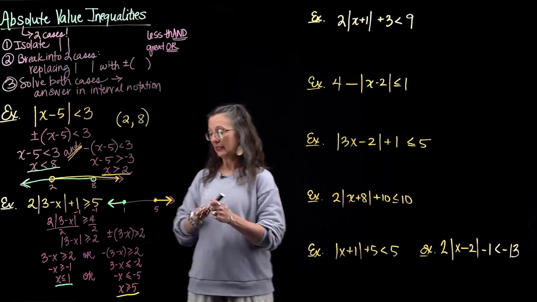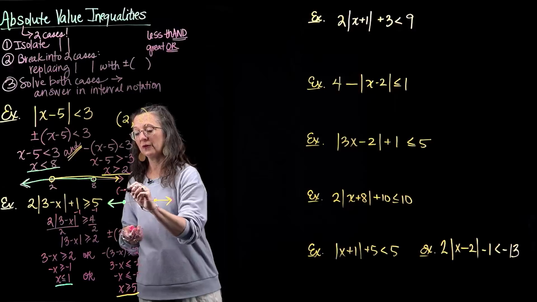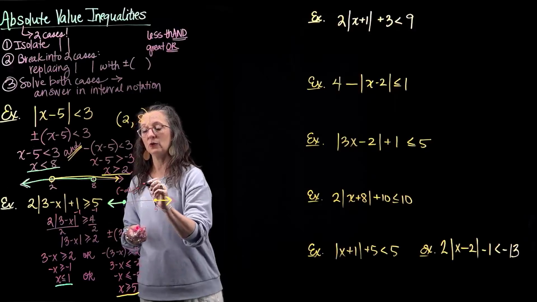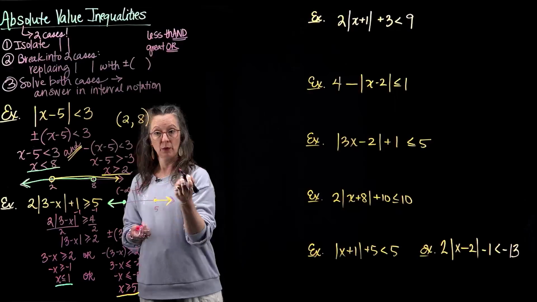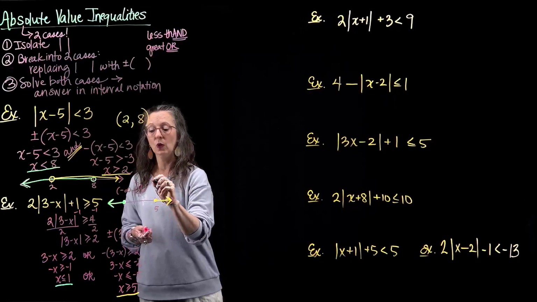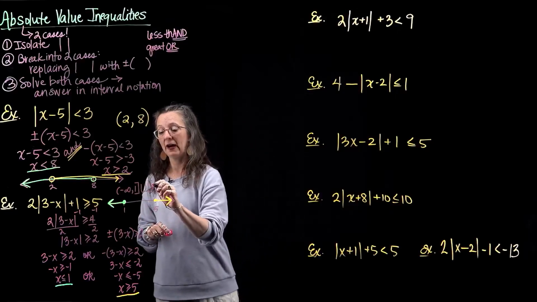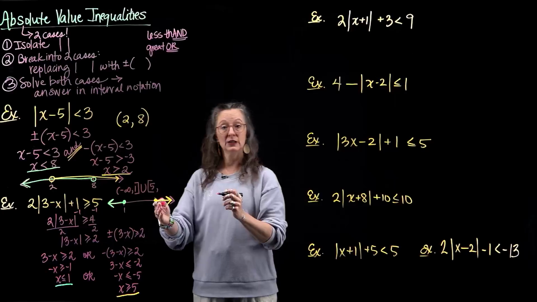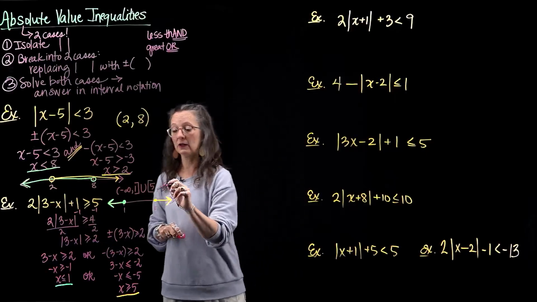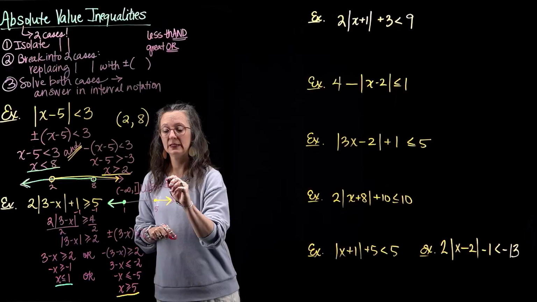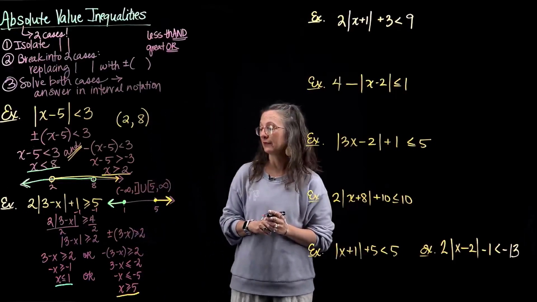So we would write our answer as the interval from negative infinity up to 1 with a bracket, or, which we write as the union symbol, 5, because it is included, 5 gets a bracket on its side, up to infinity, close parentheses.